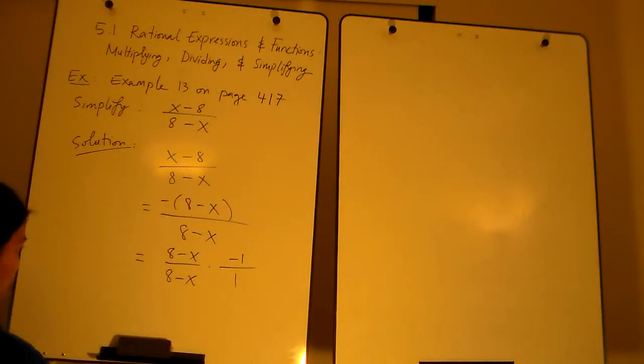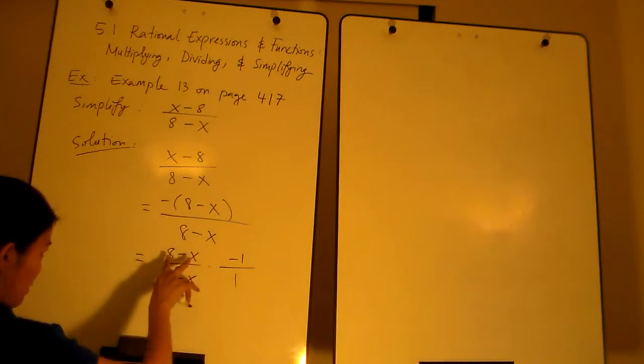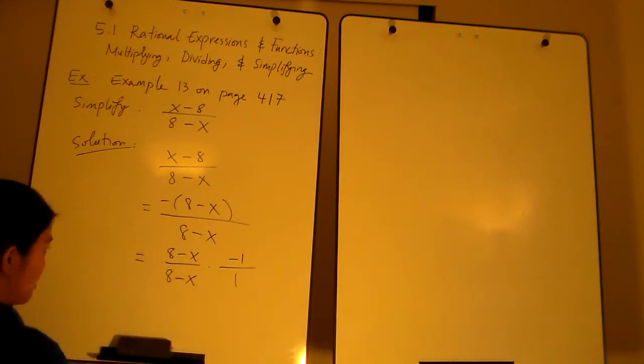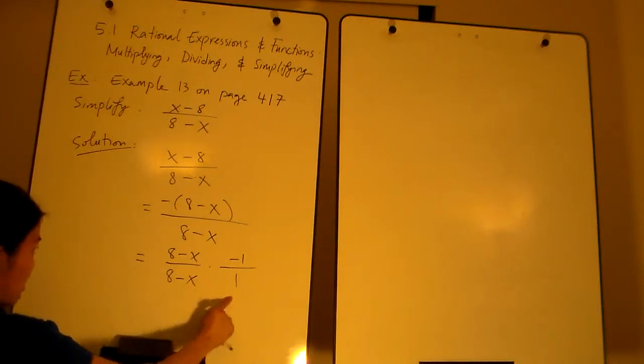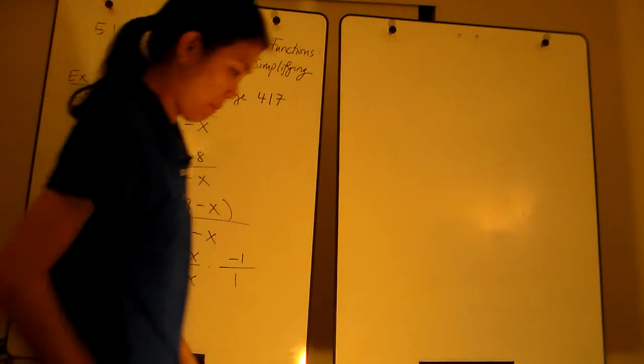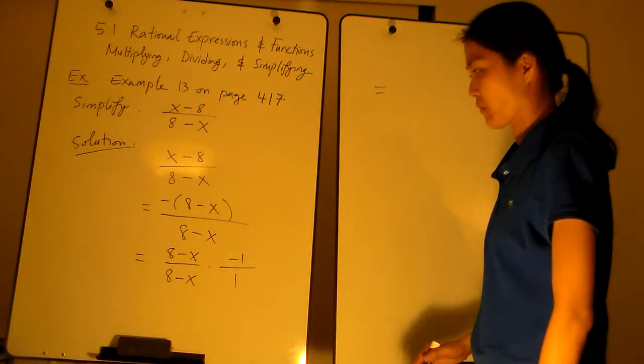You can check what you got here. A minus x, times -1, you would get -1 here, times a minus x here. A minus x times 1 is a minus x. So you know you got the correct factors. Continue here. Simplify.